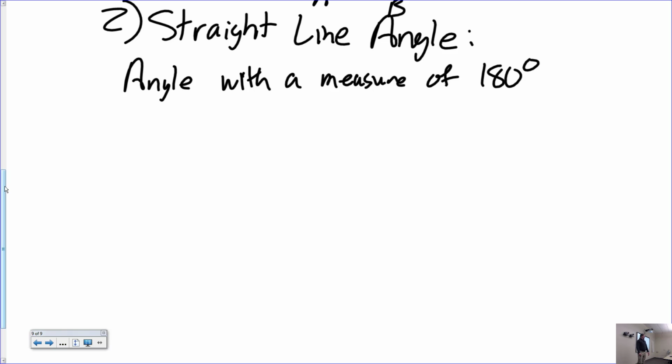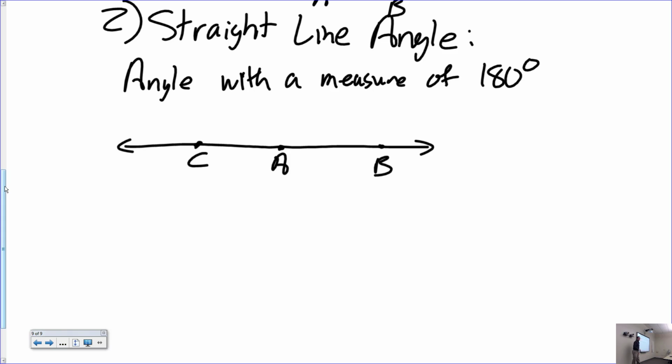What does that mean about the angle? It's not really an angle, it's actually a straight line, but it can be defined as an angle. So if you've got A here, and here's AB, and you've got C over here, AC, it looks like just a regular old straight line, but because you've got this ray and this ray that start at the same point A, this angle is 180 degrees.